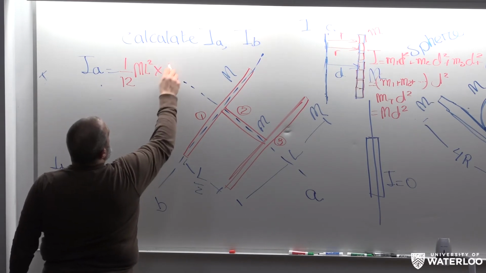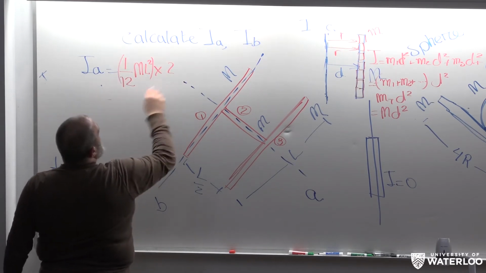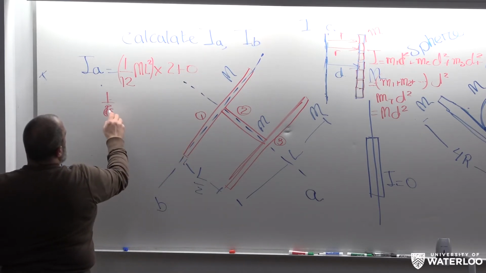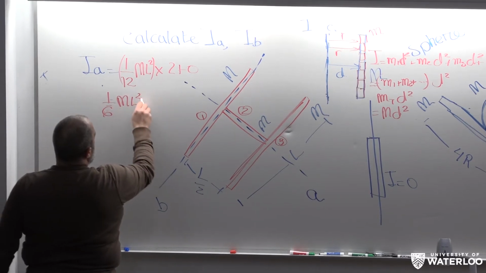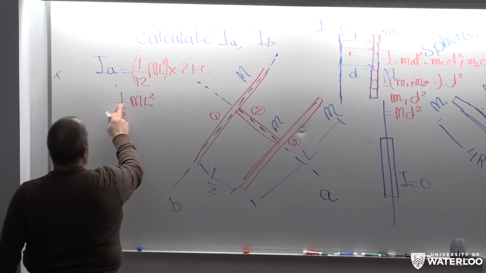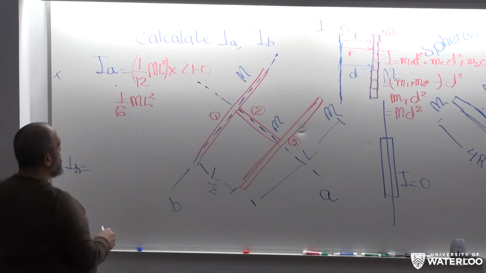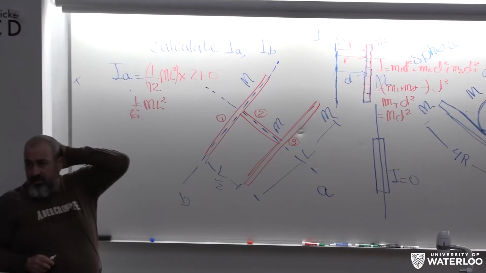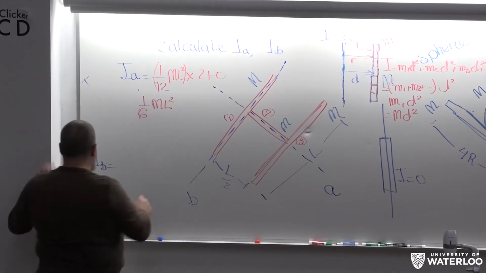Times 2 plus 0. So 1/6 ml squared. Yeah? Is that right? Okay? So that's that one. Now, I about B is what?